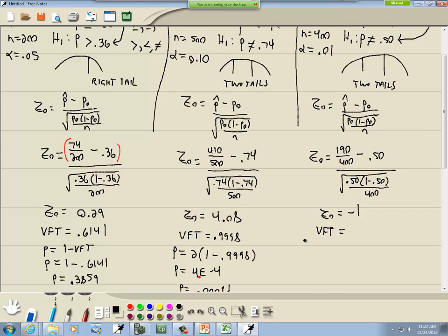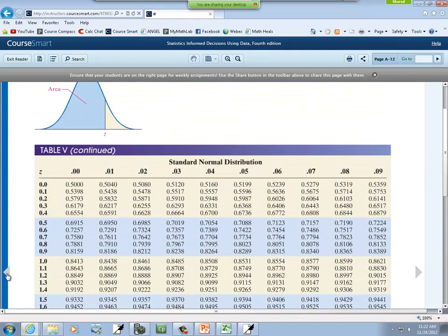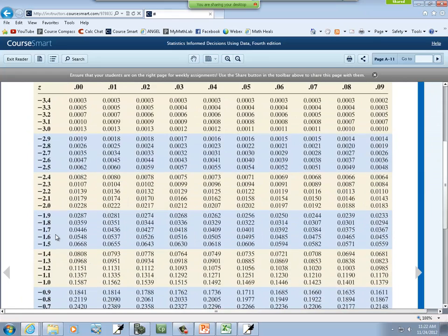So the value from the table. -1, that'd be -1.0, which would be right here, and then the hundredths place is 0, 2. So it'd be 0.1587.